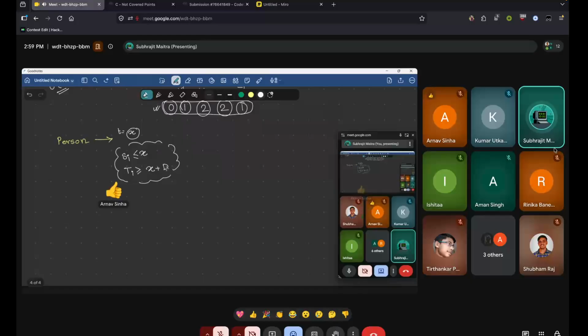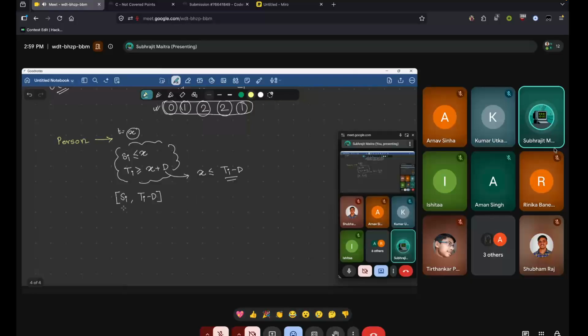Okay. So if this is the thing, then what I can write is that x is less than or equal to Ti minus d. That means any suspect is a valid candidate to be a murderer if and only if the crime starts at any time between Si and Ti minus d.